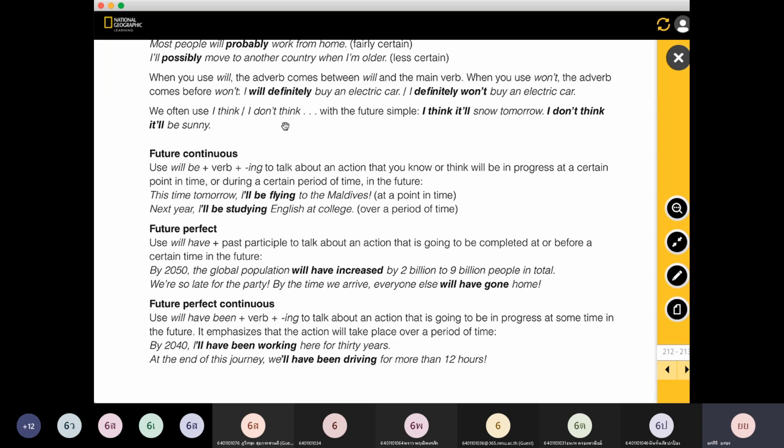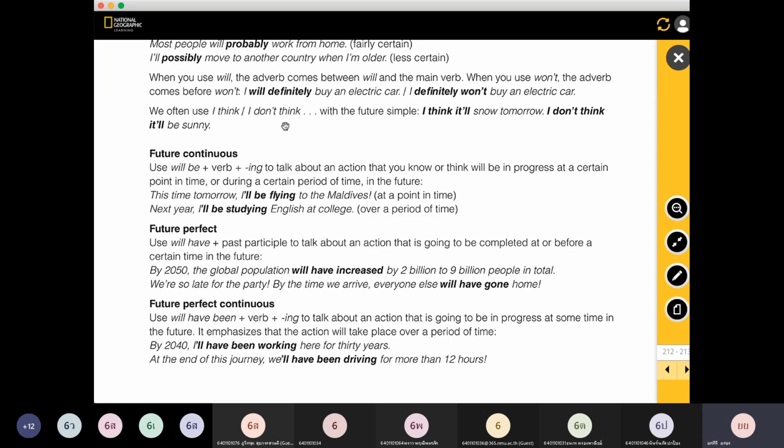So think about the verb in continuous form, and then you combine it with will. So will be, and then the verb with ing.